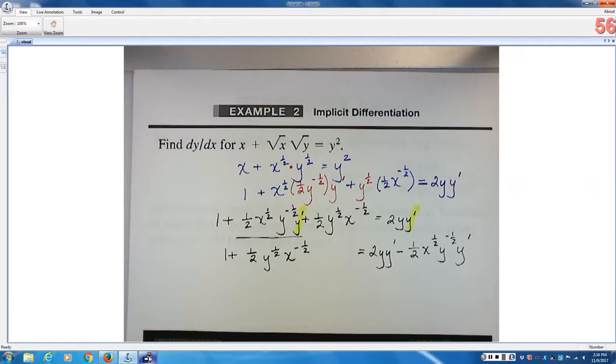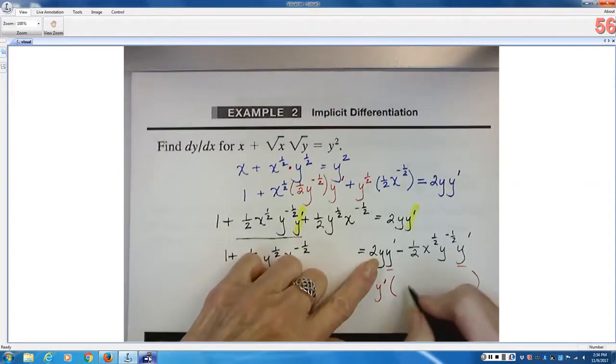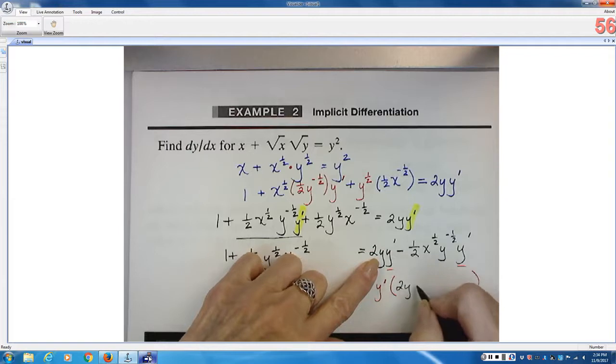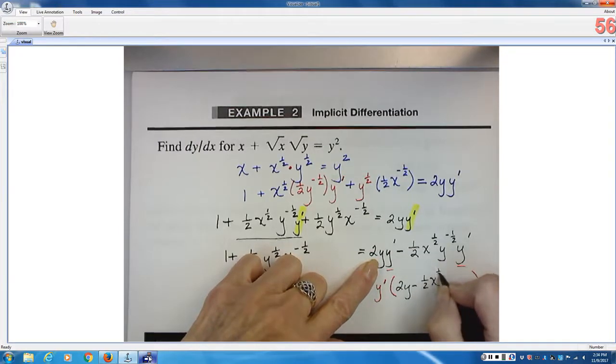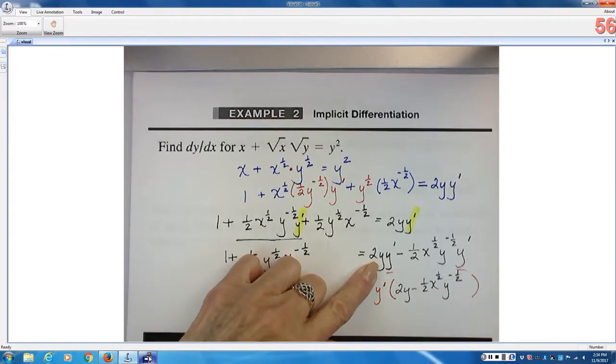And then I need to factor out my y primes. So I have 2y minus 1/2 x to the 1/2 y to the negative 1/2.